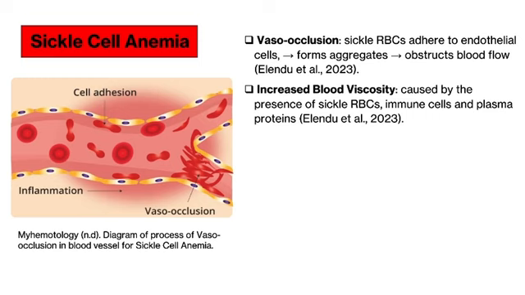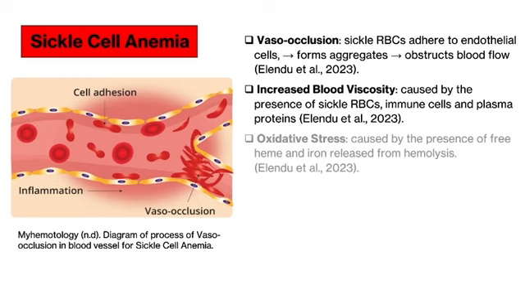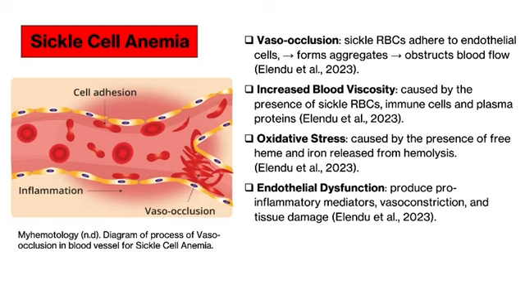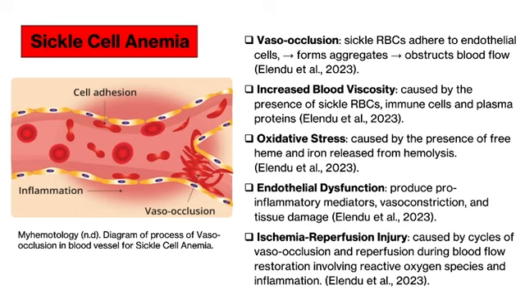Sickle cell anemia signals ongoing hemolysis. What that is, is that the sickled red blood cells break down rapidly, causing chronic anemia and releasing free hemoglobin, which increases oxidative stress. Overall, this damages the blood vessel lining and worsens blockages. Another major side effect would be ischemia reperfusion injury.